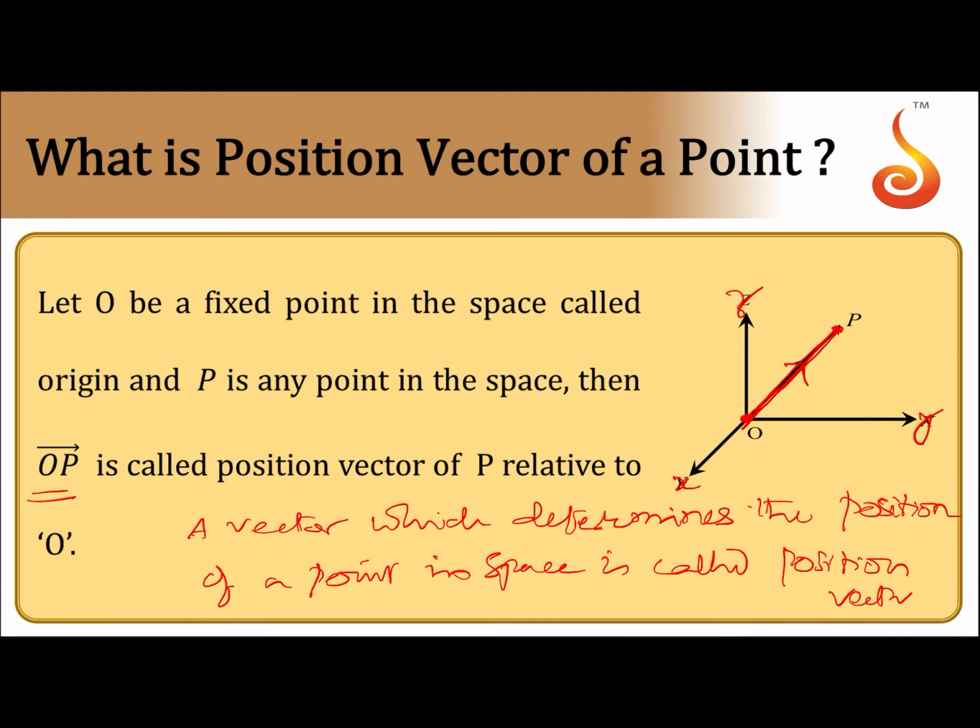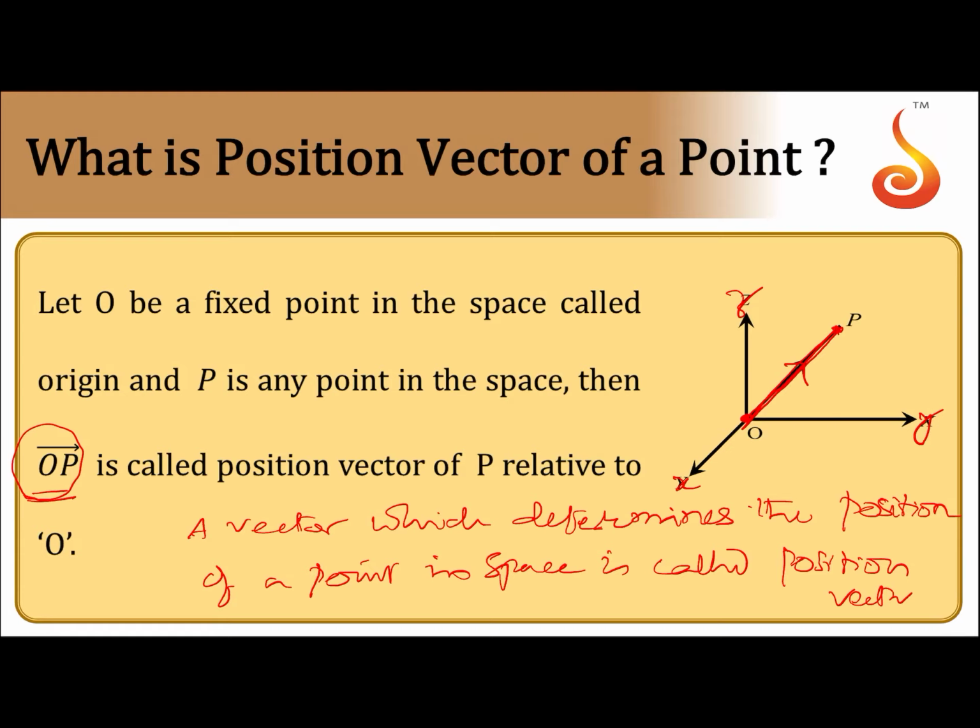This way also you can express it. No issue. So remember one point. OP bar is the position vector. From here onwards we say it is the vector of the point P, or the position vector of the point P.